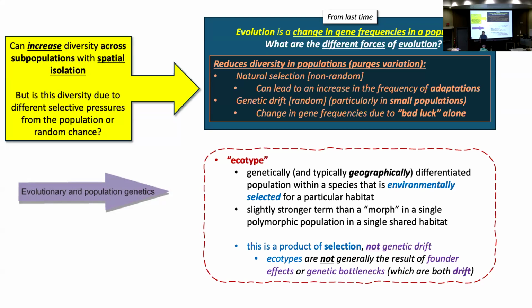Those are special cases of drift. Those are cases where you've now got a small population and that population just happens to randomly have a certain set of individuals in it. And those with a numbers advantage are going to end up dominating that population. And that has nothing to do with the advantage of having those traits. It's just purely random. It's bad luck or good luck, however you want to phrase it. That is what the founder effect or genetic bottlenecks or drift does.